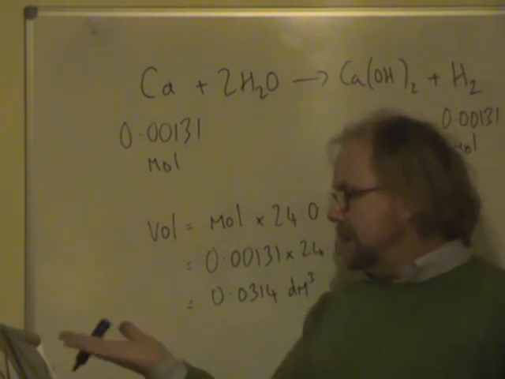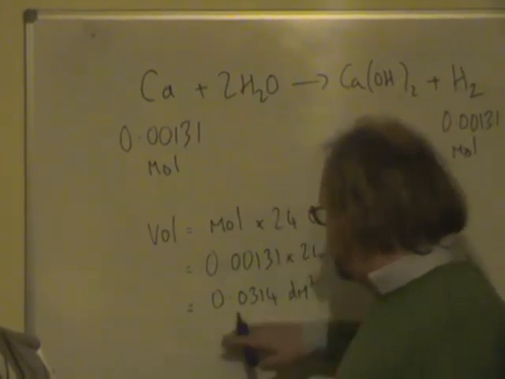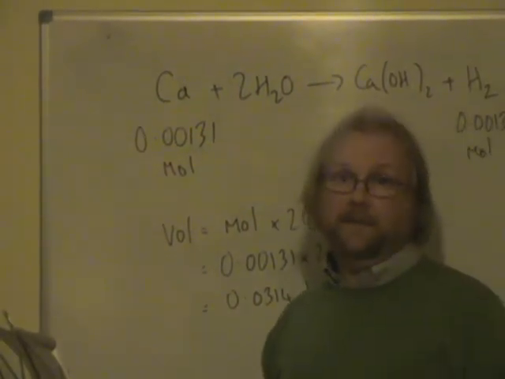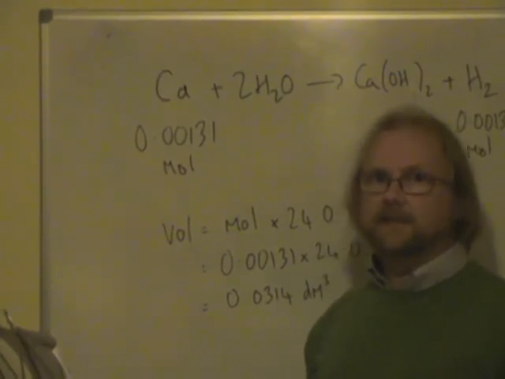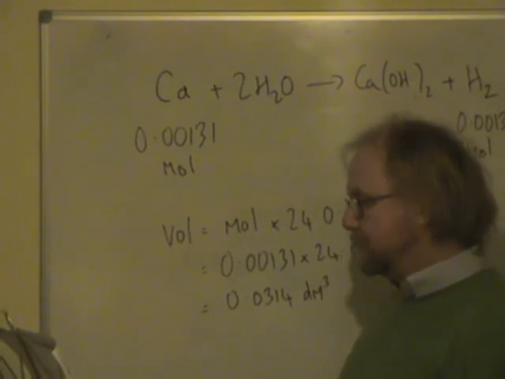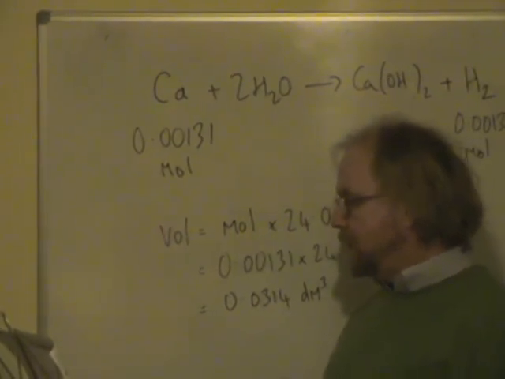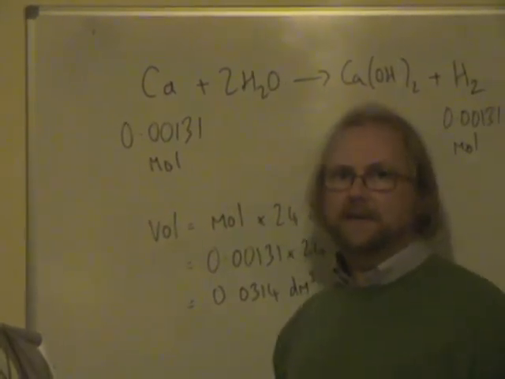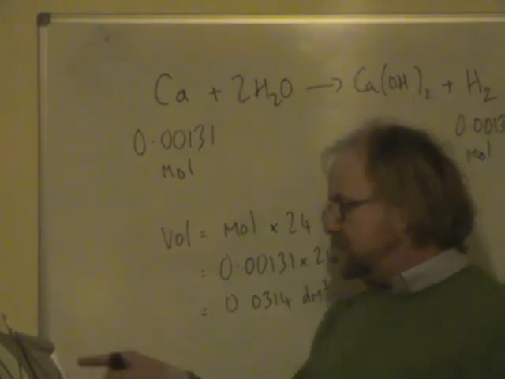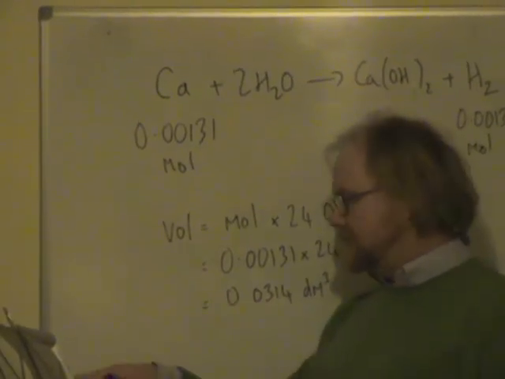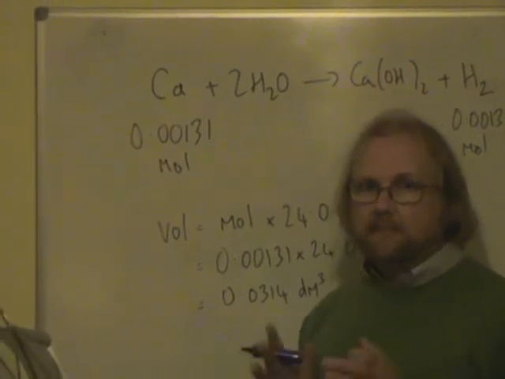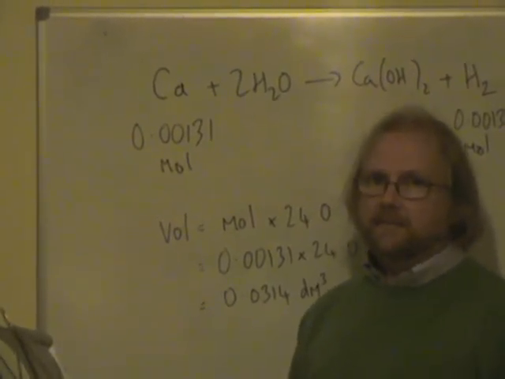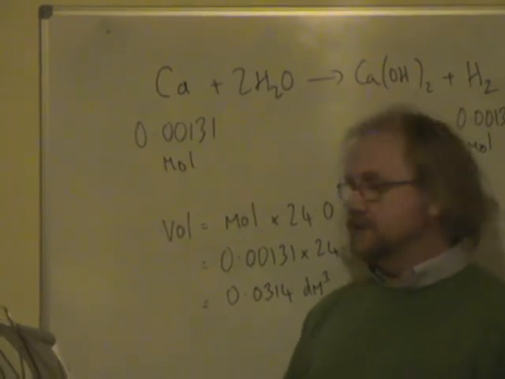And always be careful, here it does actually ask for it in dm cubed, so that's the answer, but be careful, sometimes it might ask for it in cm cubed, in which case you'd have to multiply by 1,000, but not here. Okay, now the third part you've got to be very careful with. As soon as you see something highlighted in bold, where it says hydroxide ions in bold, that kind of means be careful, you know, that they've put a little trick in here that you've got to make sure you don't miss.